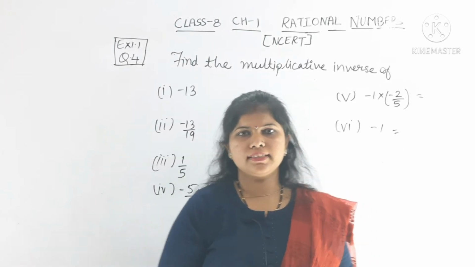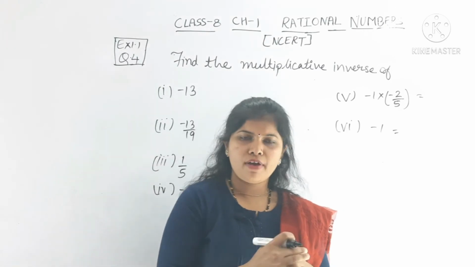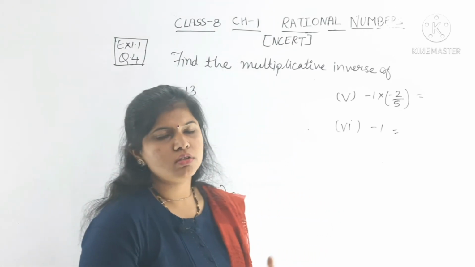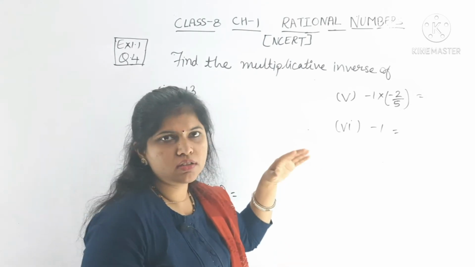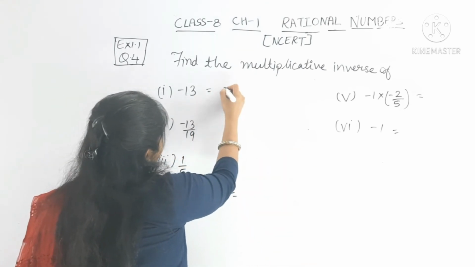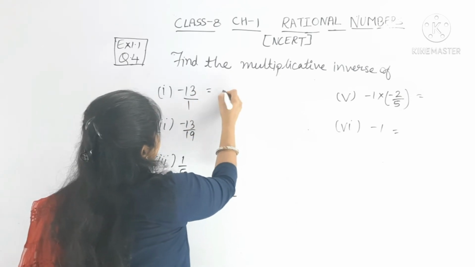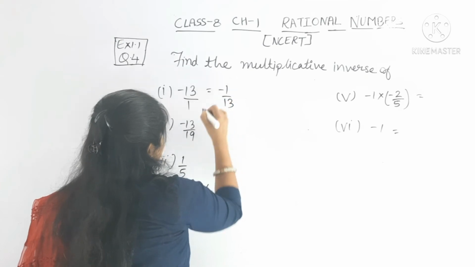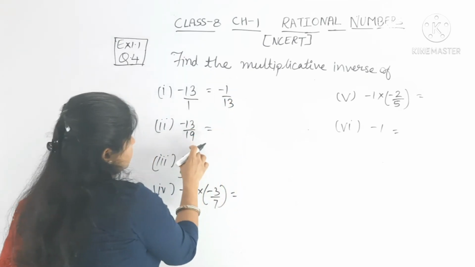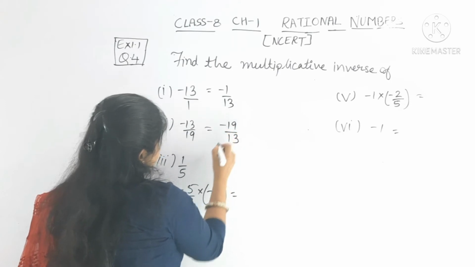Now students, let's see question number 4. What is question number 4? We have to find the multiplicative inverse. So you just have to invert the number. The first number is minus 13. So here it is over 1, so I am getting minus 1 by 13. Here is minus 13 by 19, so I am getting minus 19 by 13.